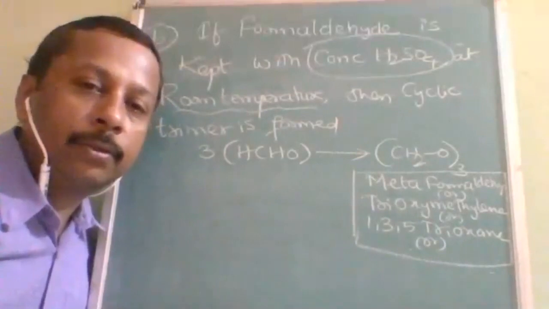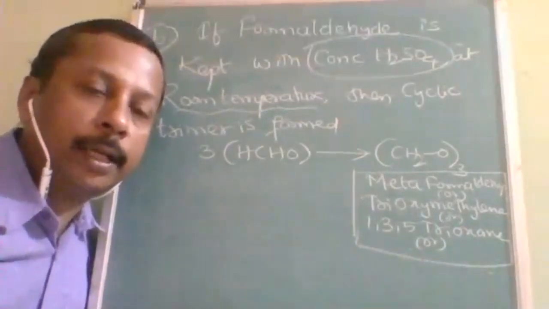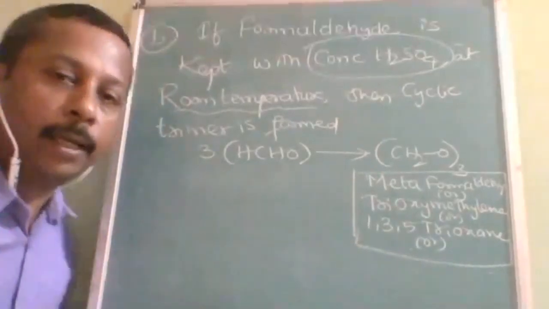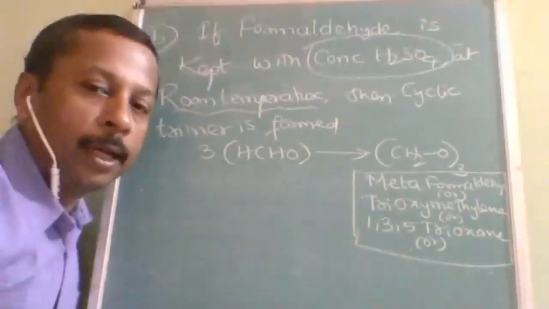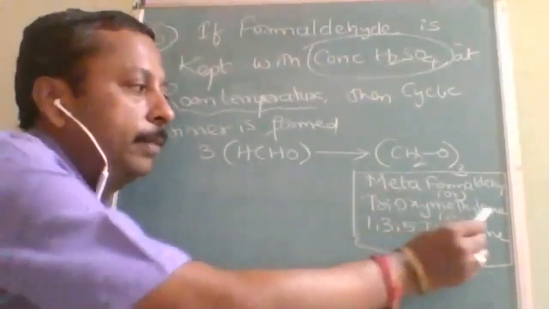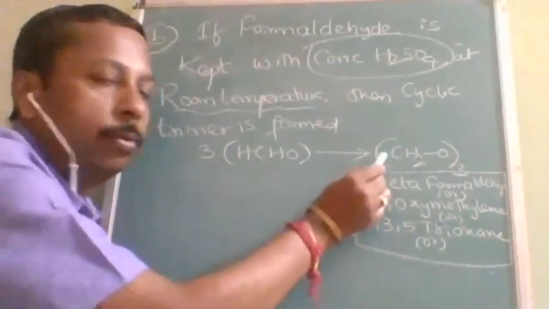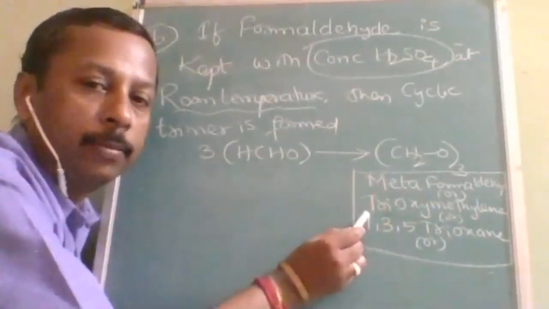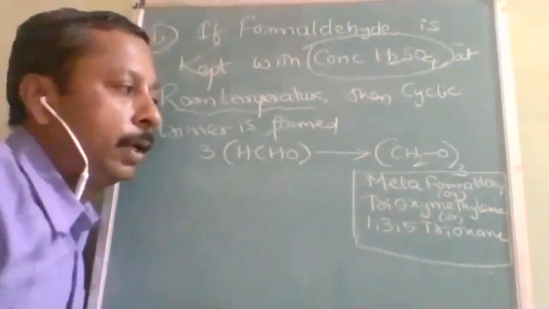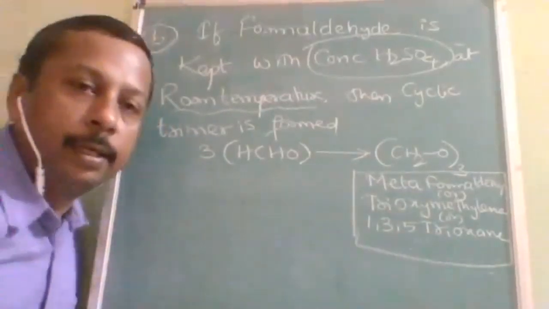Okay, so the mechanism part, the trick to remember the formula and the trick to remember the mechanism, I am going to tell you. Other than metaformaldehyde, this is also called trioxymethylene. When you go through the structure, you will automatically come to know. And this we have already studied as trioxane in the cyclic ether chapter.